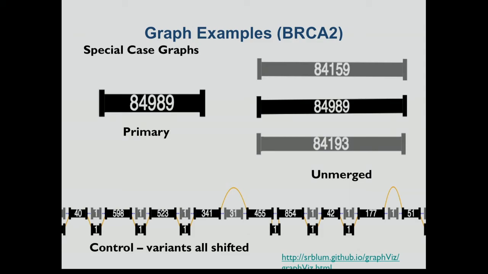There's just one path in the graph. There are also the set that we gave everybody of fully sequenced different versions of the BRCA gene. And one thing you can do is not merge anything. So this is a graph. It just has 3 different ways to go all the way through the BRCA region. So this has the variation that you would get.